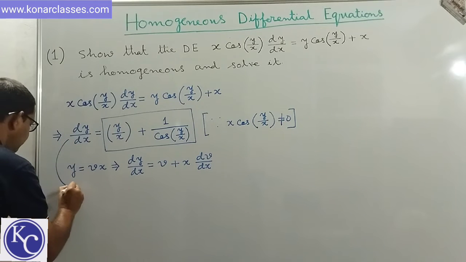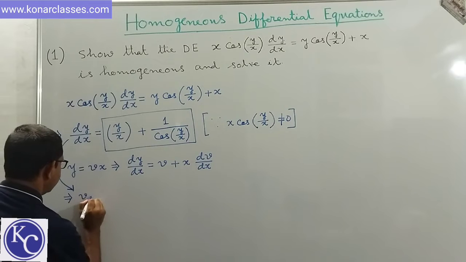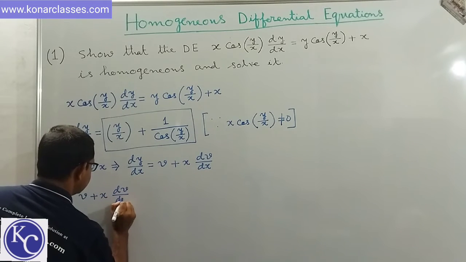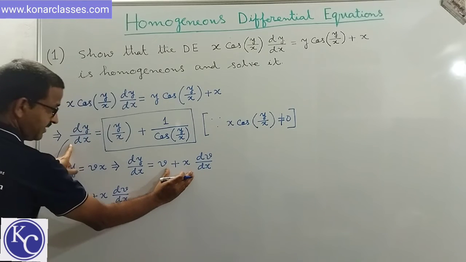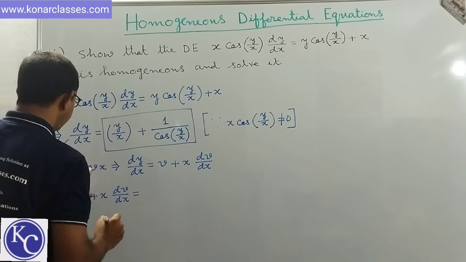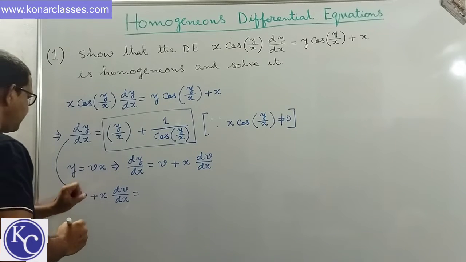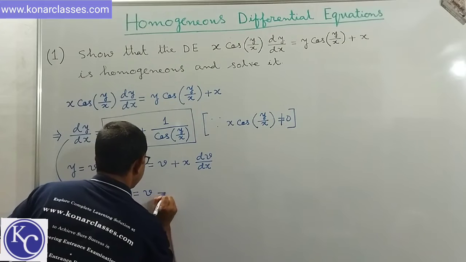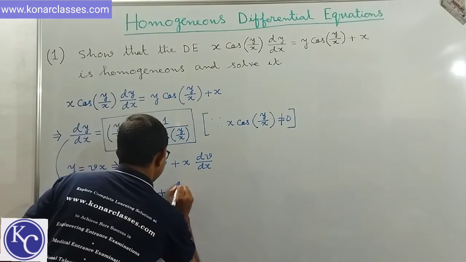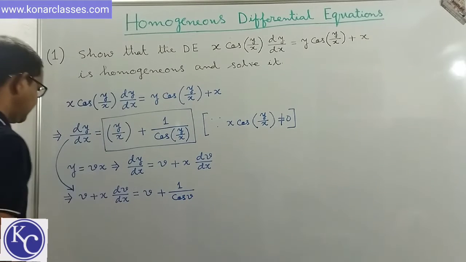So what we are going to get? This implies that v plus x dv/dx, this value of dy/dx we applied here, is equal to, right hand side, y by x equal to what? y equal to vx, that means y by x equal to v, plus 1 by cos(y/x), that means 1 by cos v, correct?